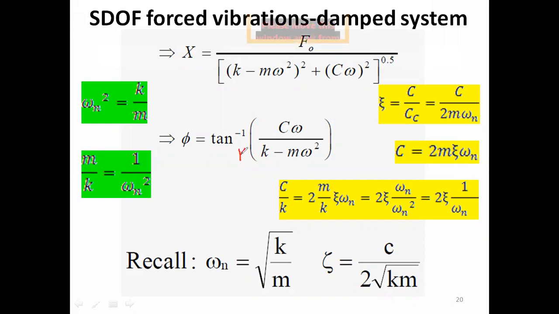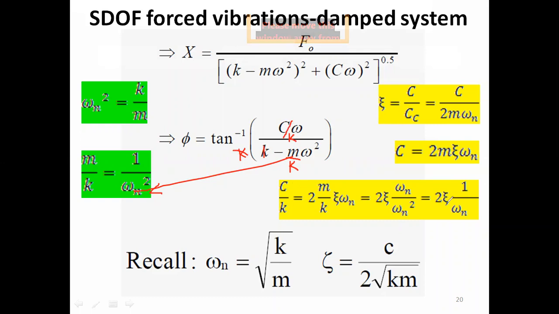I have taken k common, and I have 1, and I would have m by k. And m by k is 1 over omega n square. So in this k, I am writing this k here with c, then I would have c by k, and c by k is what?